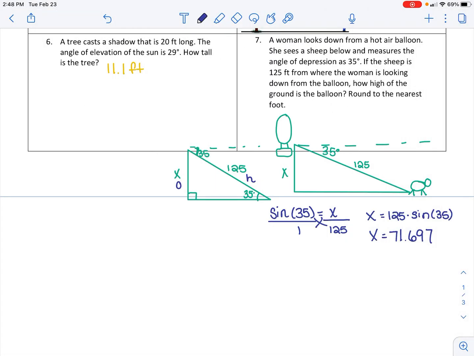Now, it does ask me to round to the nearest foot, so that's going to be rounding to the nearest whole number. So since we have a 6 here, that's going to round that 1 up to a 2. We have the hot air balloon being 72 feet. No, that was right. 72 feet above the ground.